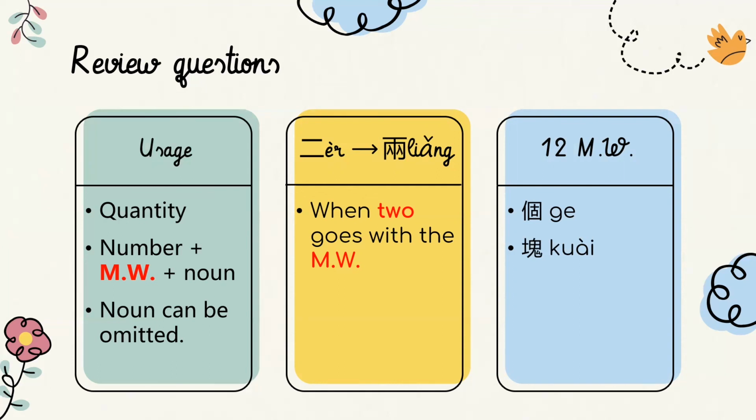So here, I just give you one idea. Remember that these 2 measure words have the same pinyin, zhī, but different characters. This 支 is for long, sharp objects. This 只 is for animals. Okay, so just pay your attention to these measure words.